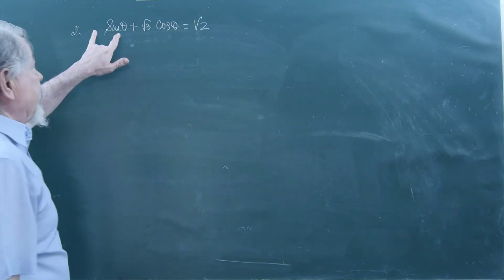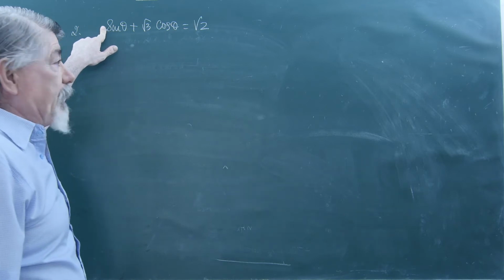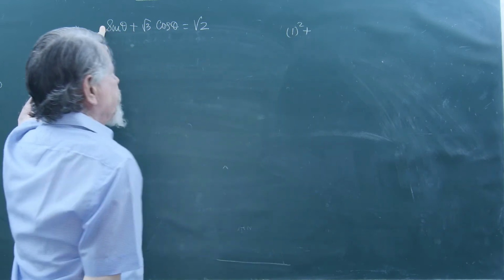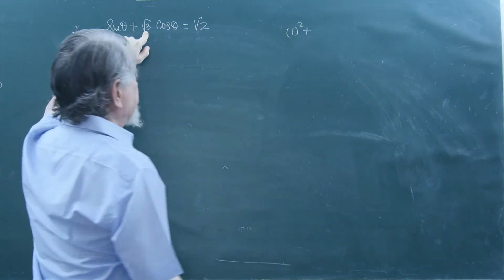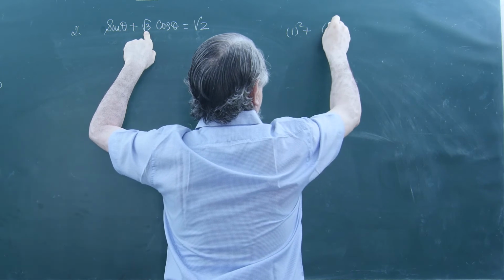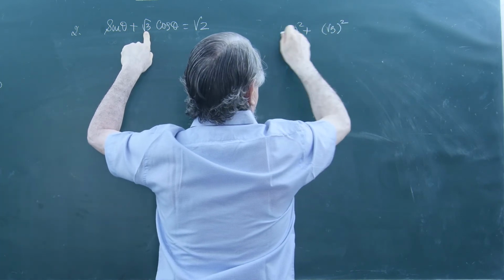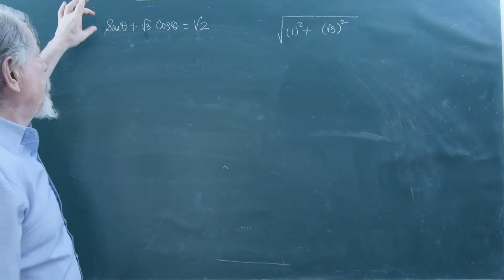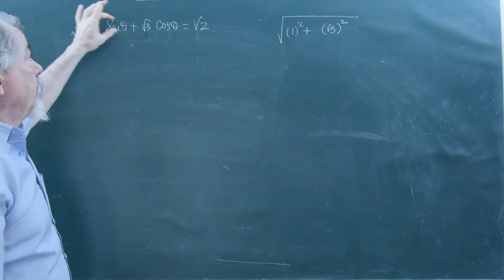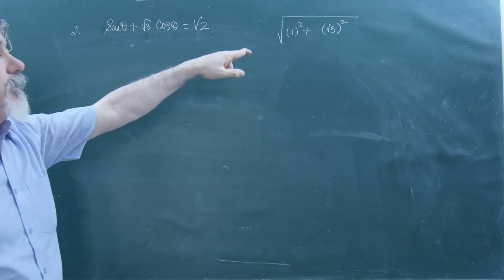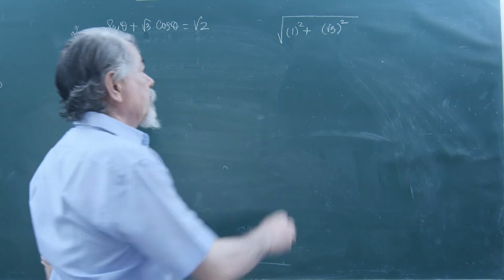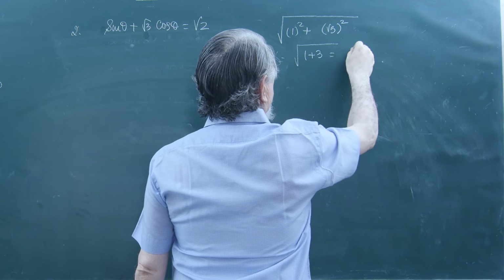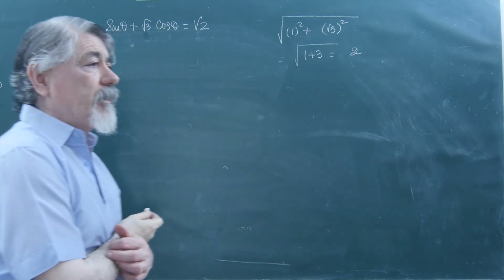What we do in these kind of specific questions is take the coefficient of sine theta, which is 1, square it, then take the coefficient of cos theta, square it, add them, and take the square root. It will become 1 plus 3, that will become 4. Square root will become 2.